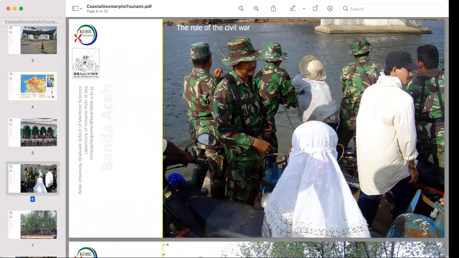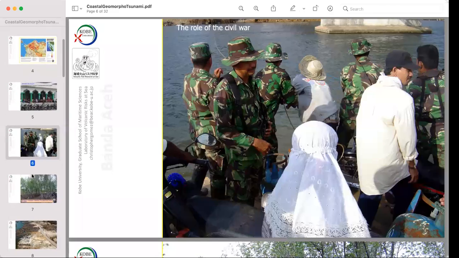So a lot of people ran away from the mountain to go and live by the sea. But those people didn't know so much about sea hazards. So when the sea retreated before the tsunami arrived, the people who ran away from the mountain didn't know anything about the sign of a tsunami. And that's why they didn't flee or run away from this. So that was another problem as well.